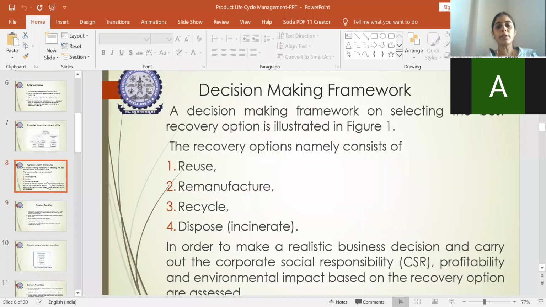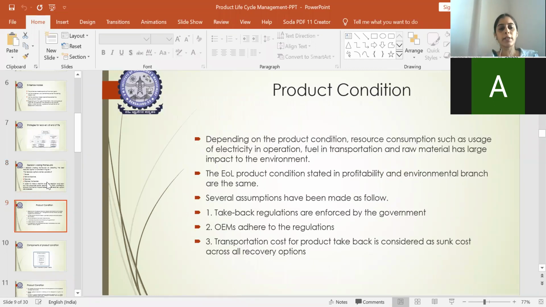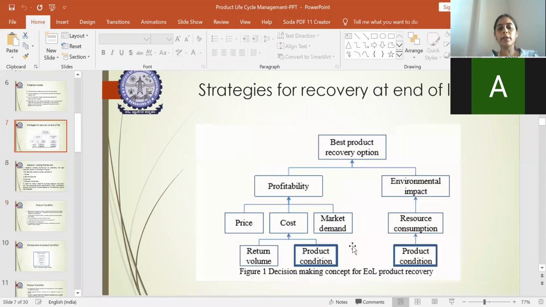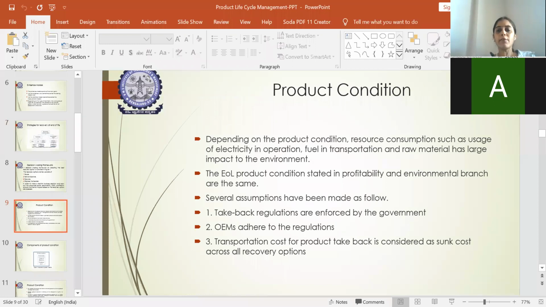So this was about the recovery options for the product, which has to be either reused, remanufactured, or recycled. The product conditions we spoke about in the strategies are being explained here. Several assumptions have to be made as follows.